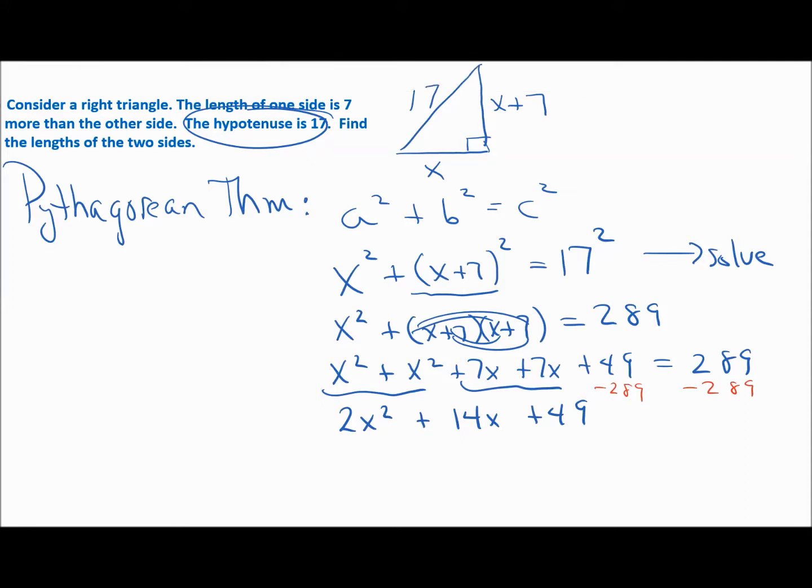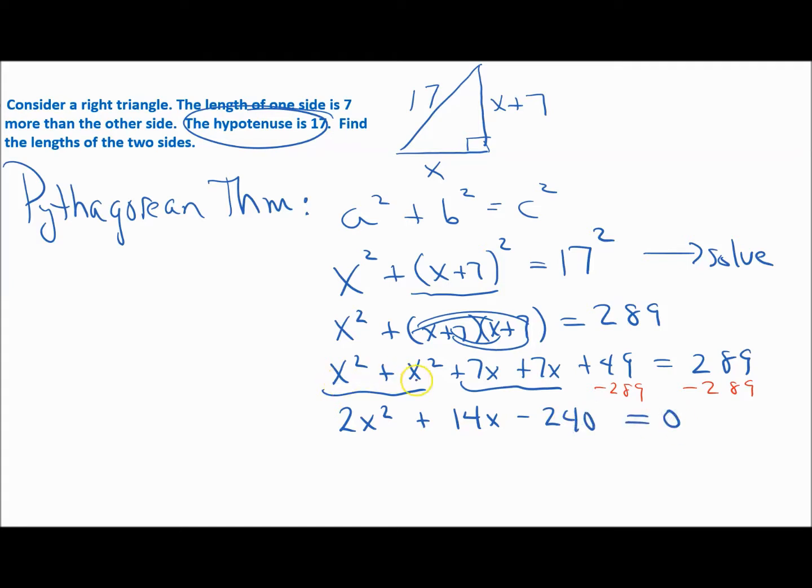What is 49 minus 289? So again, trusty calculator, I'm sure you can do that in your head. So 49 minus 289 gives you negative 240. So instead of plus, I have a minus 240. And that's equal to 0.